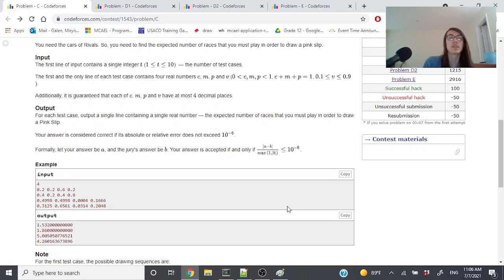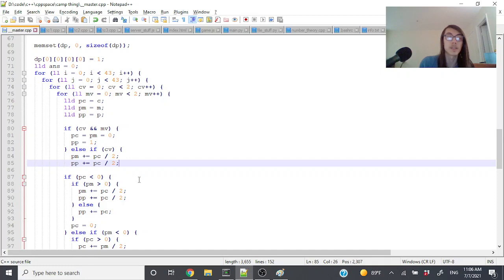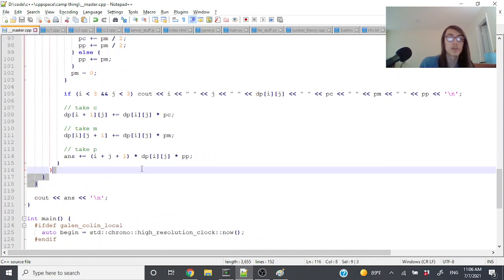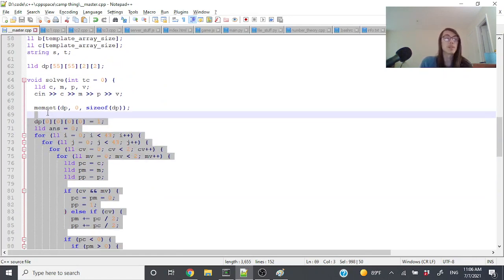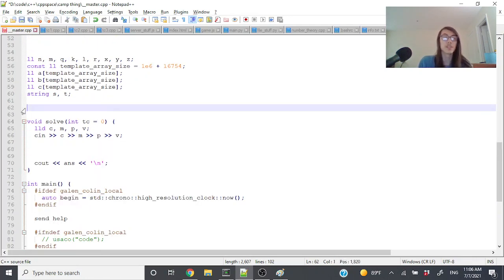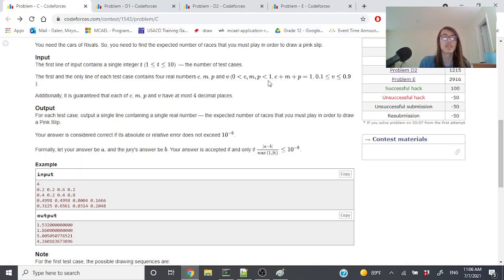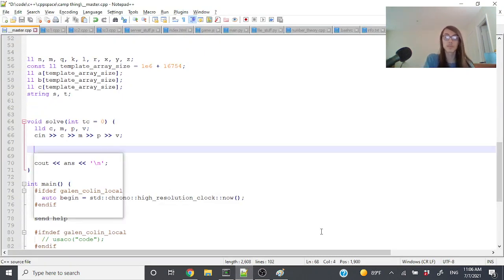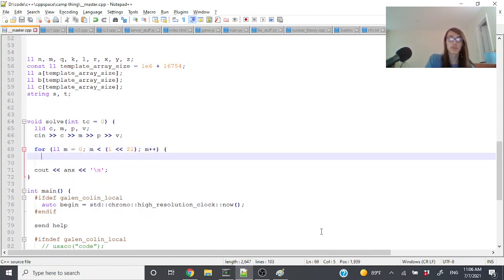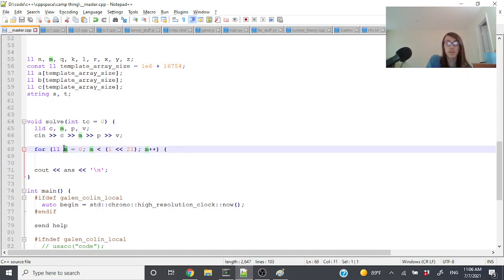Oh no, I'm being dumb. Okay, nope, we can just iterate over the moves. I don't know what I'm doing. Yep, this is all dumb. I genuinely thought that C plus M could be greater than 1. Nope, we can just iterate over the moves. Yep, let's just iterate over the moves and be done.